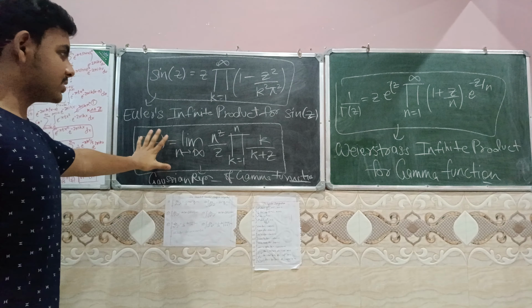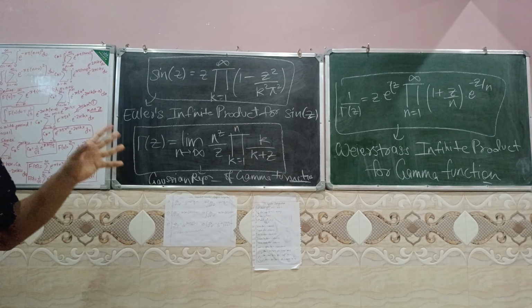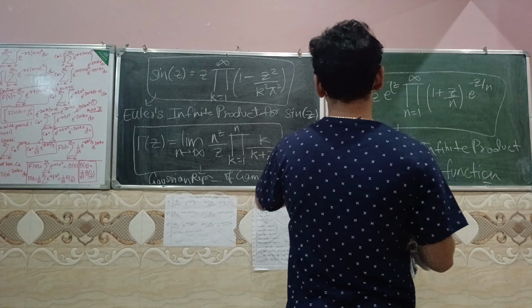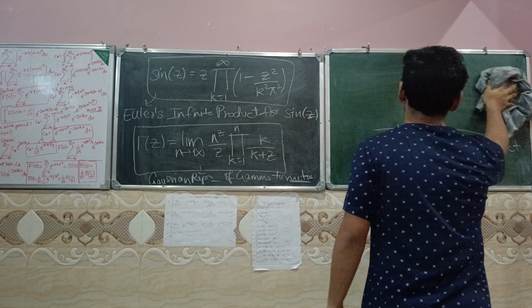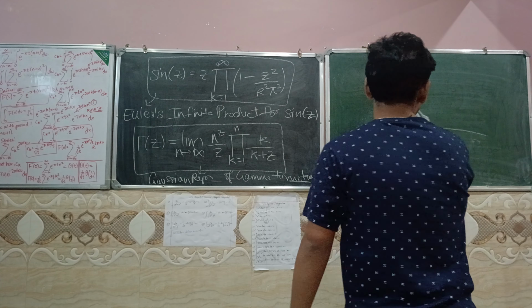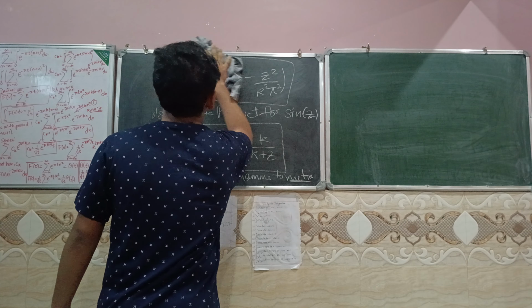For now, let's just consider this Gaussian representation of the gamma function. This is also crazy and really impressive. We can prove this relation from there itself. Let me erase this one also in order to get some space.